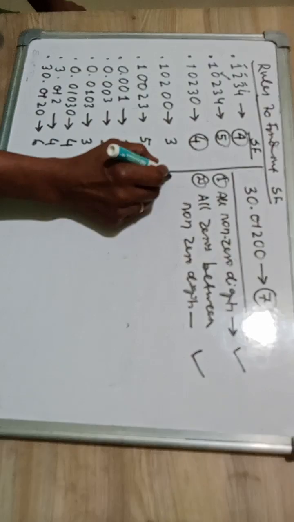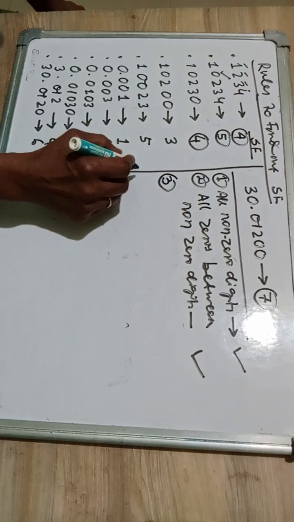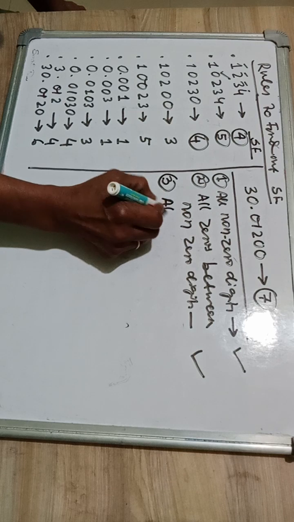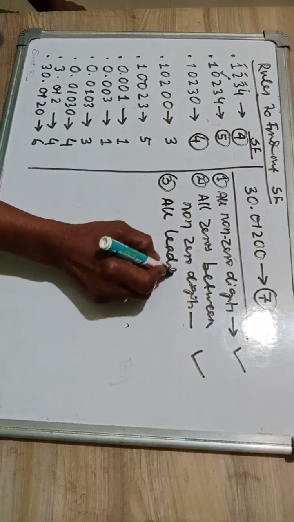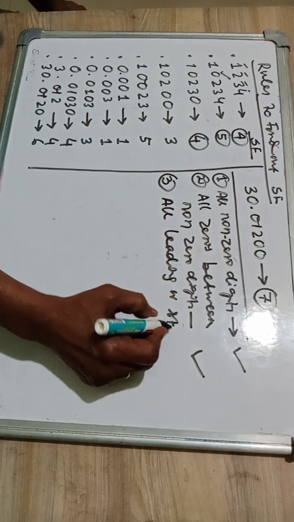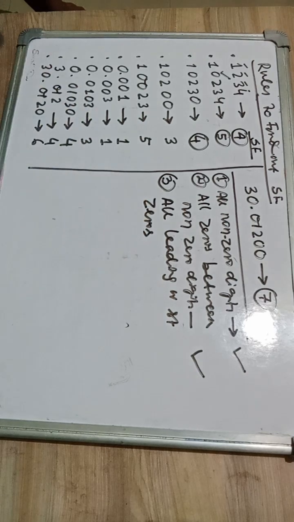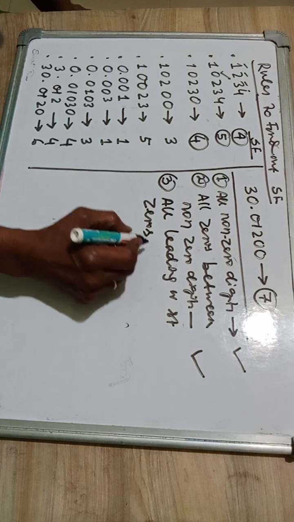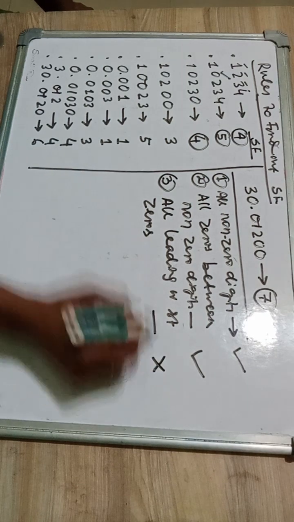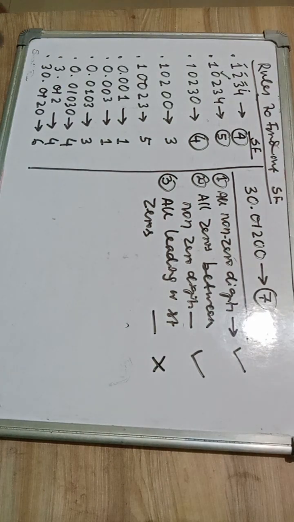Third says all leading or starting zeros are not significant.